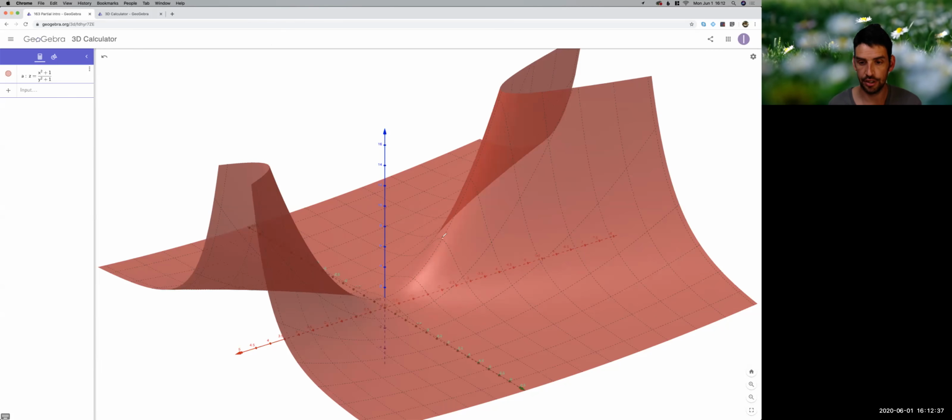Let's imagine that we're standing right here. If I move in the positive x direction, which right now is the red axis moving to the left of the screen, standing on this hill, you would head down the hill, right?